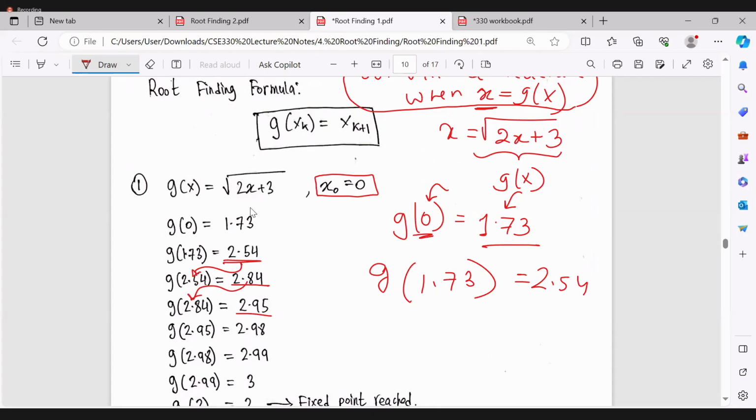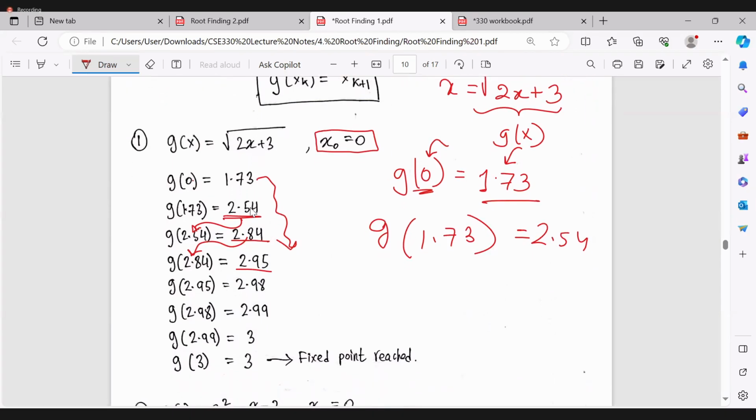You see the value you are inputting. Firstly, the value that you input, which was 0, and the value that you got, your output, is 1.73. They are very far apart. But when you move on with your iterations, you will see that the values are getting very close. The value that you are placing is almost close to the value that you are getting.